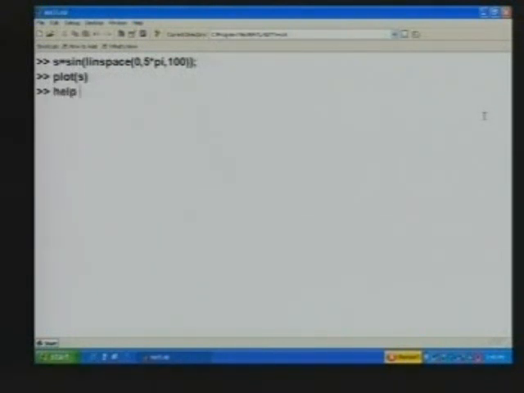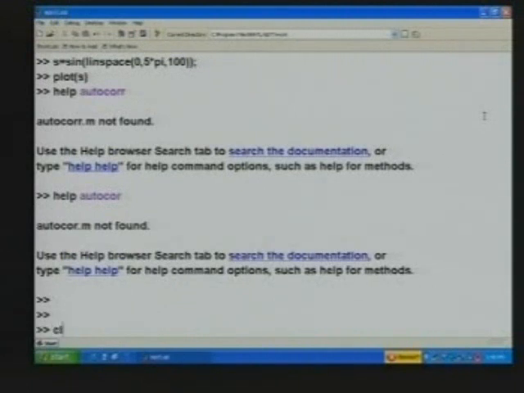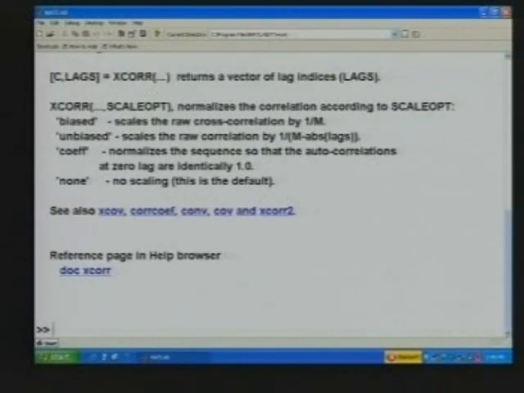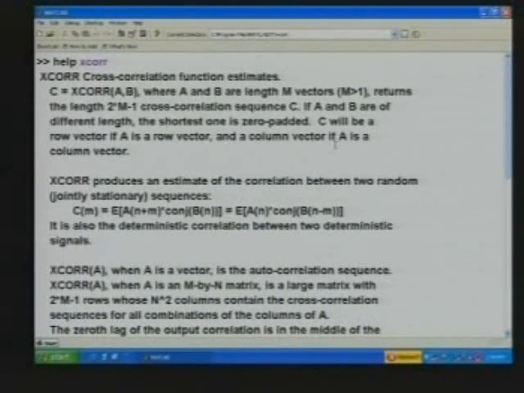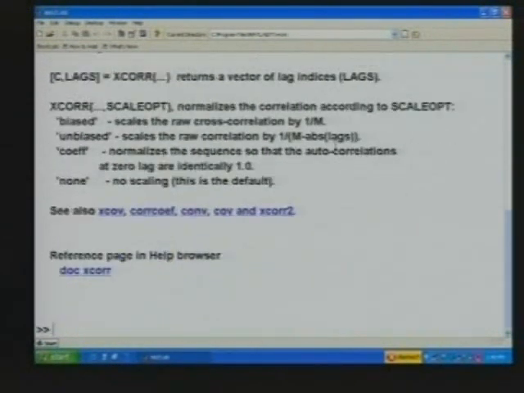To find out autocorrelation, see help xcorr. This is called cross correlation. You can write xcorr of S with itself.